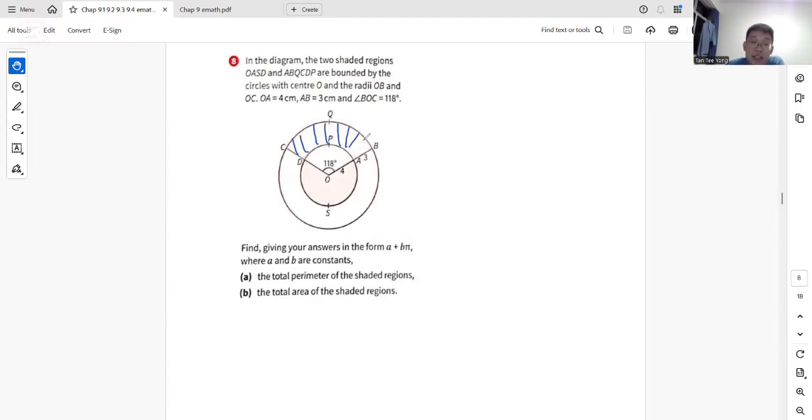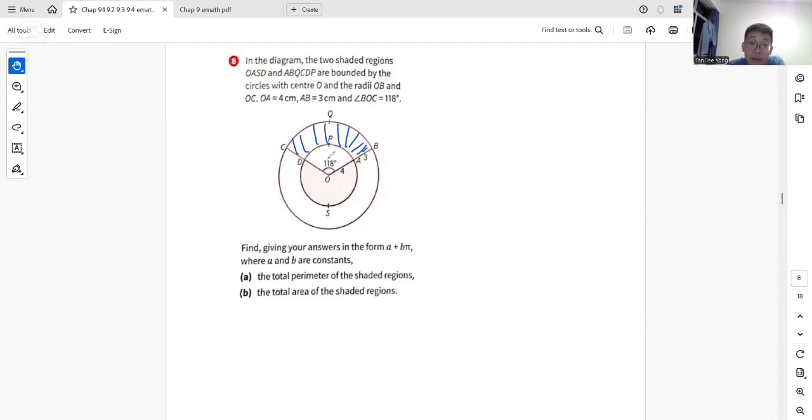They are bounded by the circle with center O and the radii OB, which is 7, 4, and 3. OC and OB are the same, basically. And then OA is 4 and AB is 3.